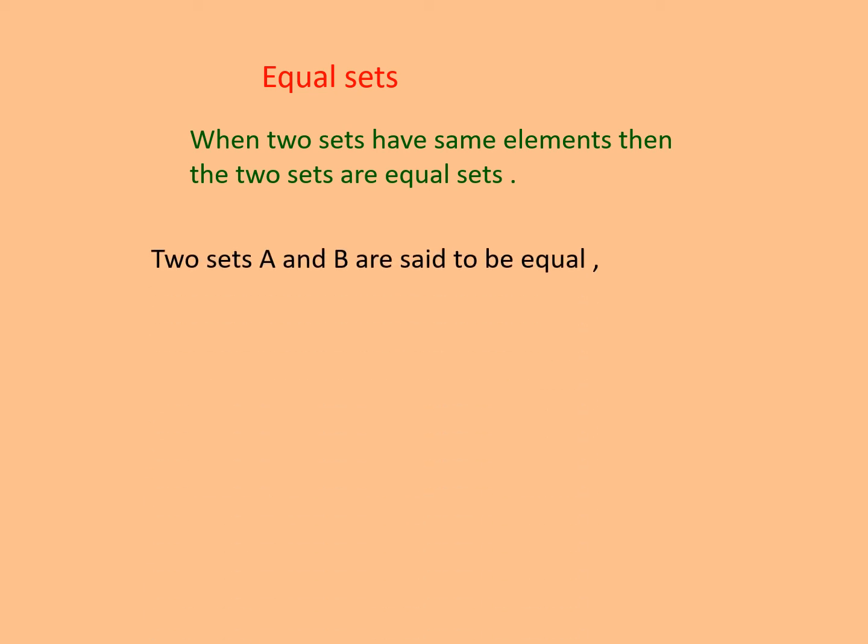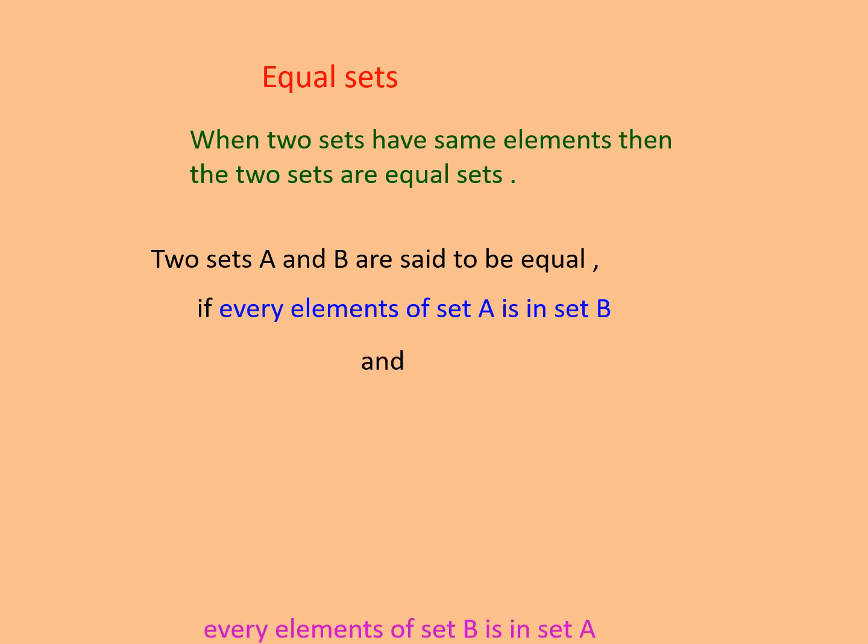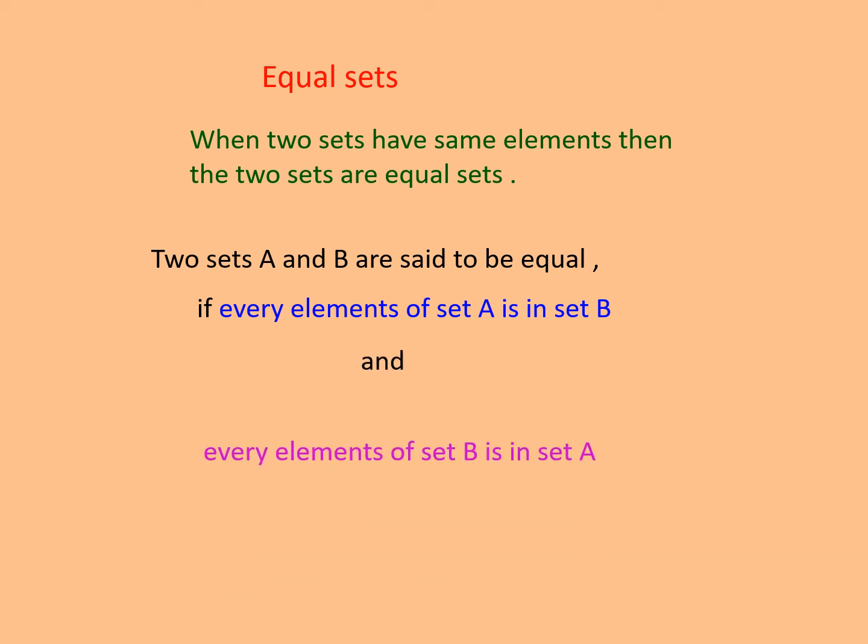In a more elaborated form, let us take two sets A and B. They will be equal only when every element of set A is in set B and every element of set B is also in set A. Then we say that set A is equal to set B. Every set is an equal set of its own because the number of elements and the elements will be the same.